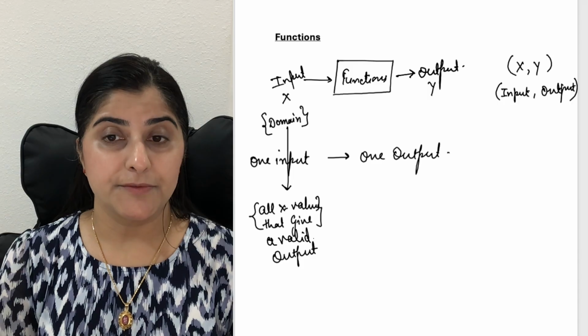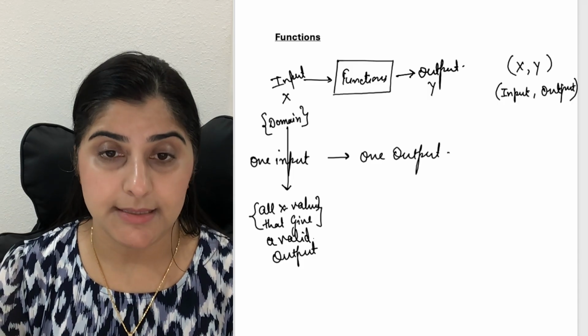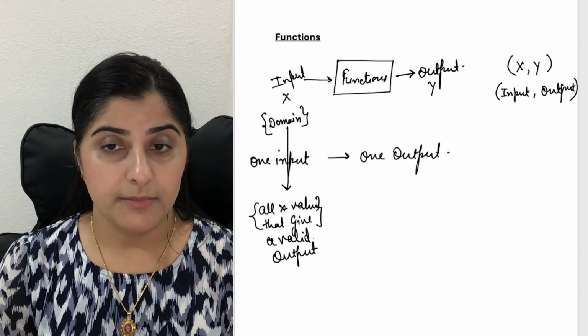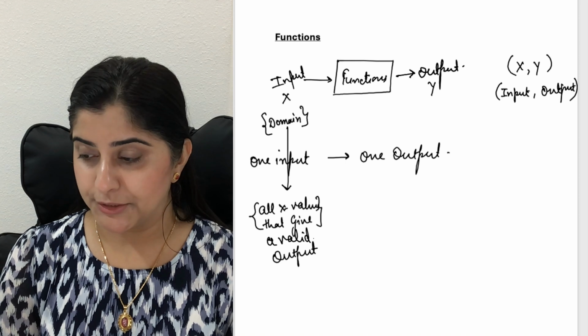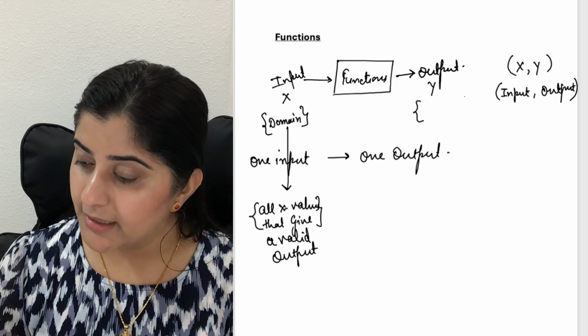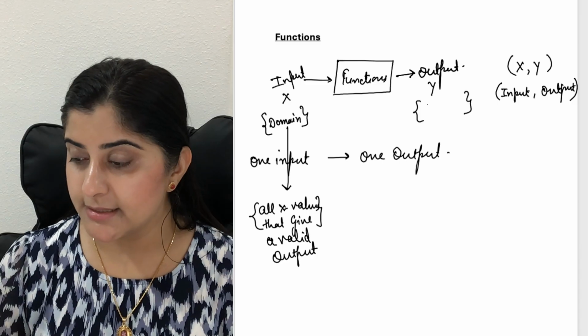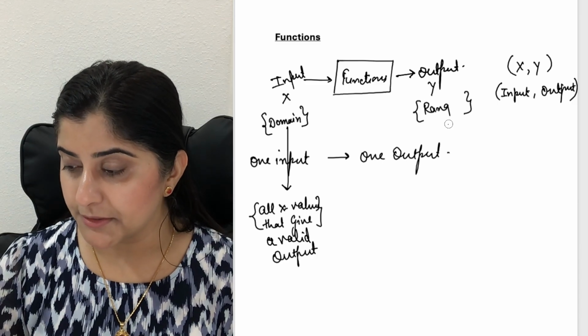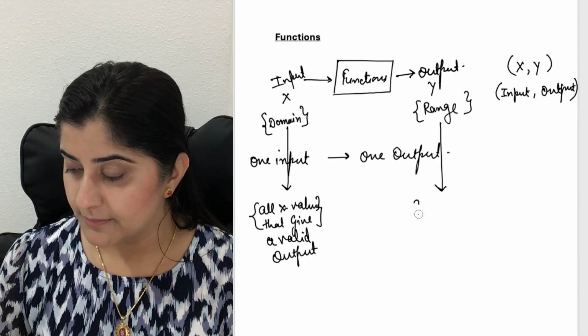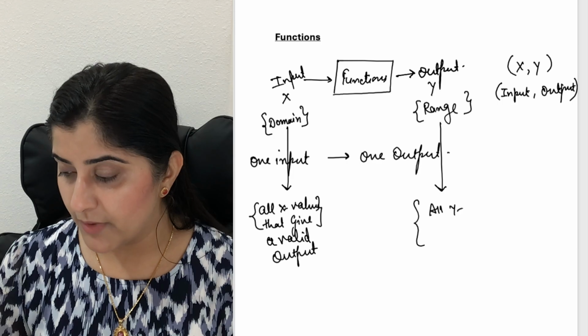So if you combine all the inputs and write them as a set, it is called the domain of the function. And similarly, if you write down all the outputs in a set, it is called the range of the function. All y values.